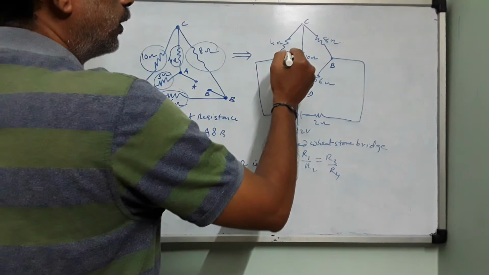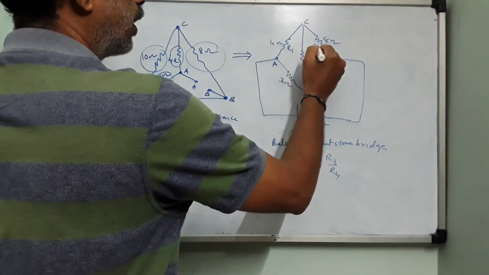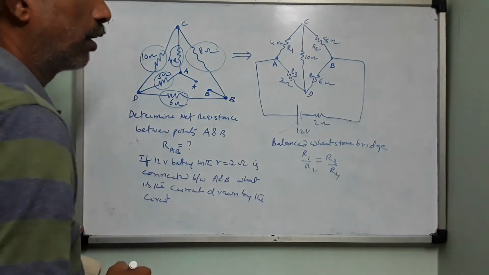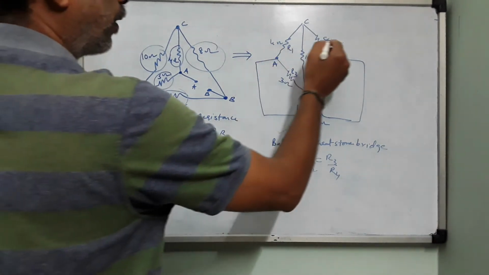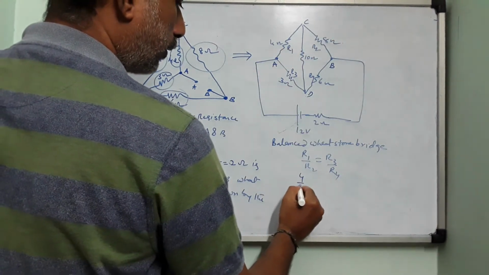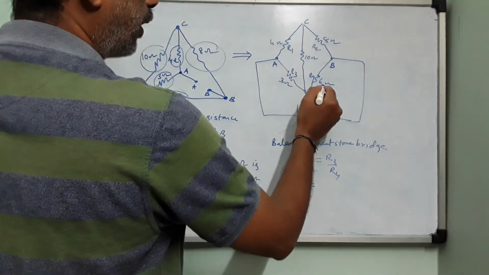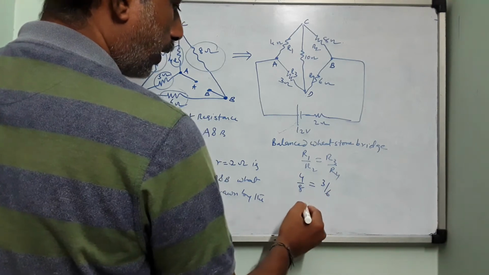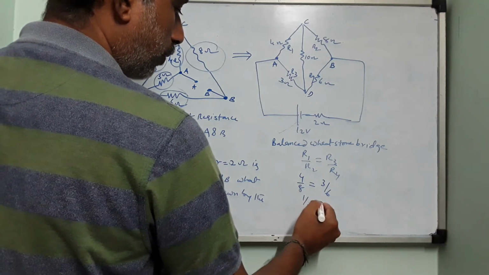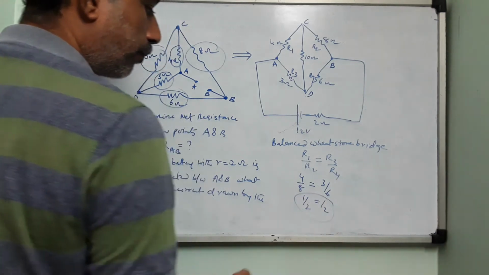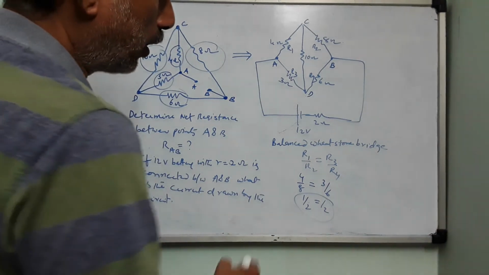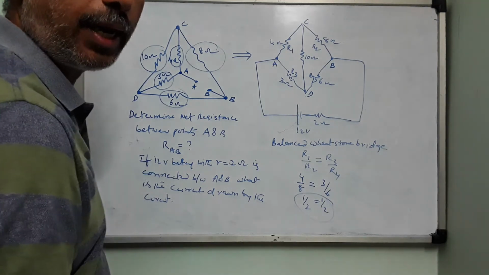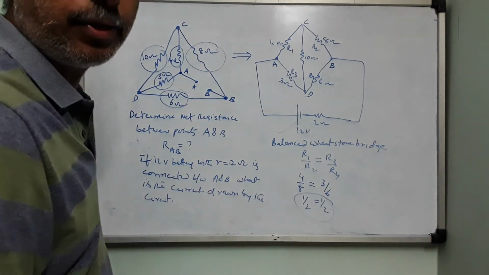Now this is your R1, this is your R2, this is your R3, this is R4. R1 by R2 is 4 by 8, which equals R3 by R4, 3 by 6. 4 by 8 is 1 by 2, and 3 by 6 is also 1 by 2. Therefore, the ratio of the resistances on the left hand side equals the ratio of resistances on the right hand side. So the bridge is balanced.